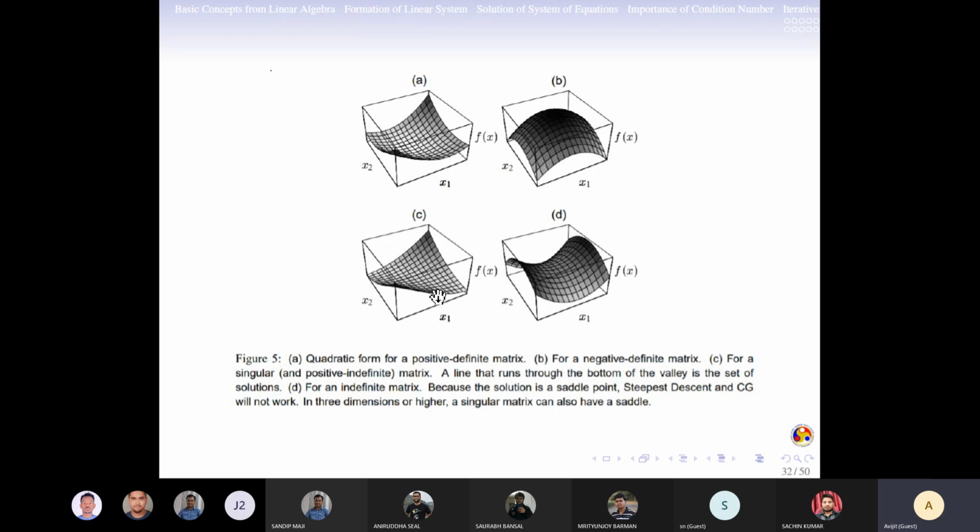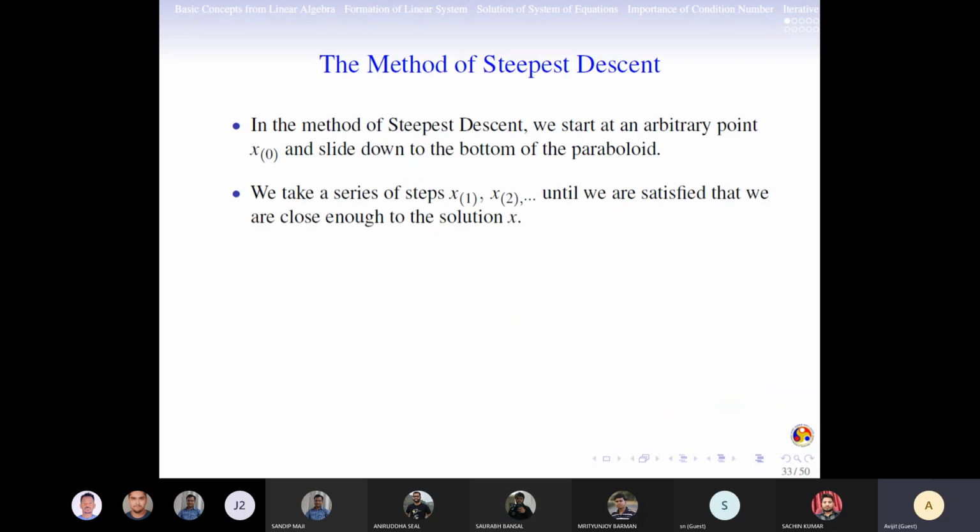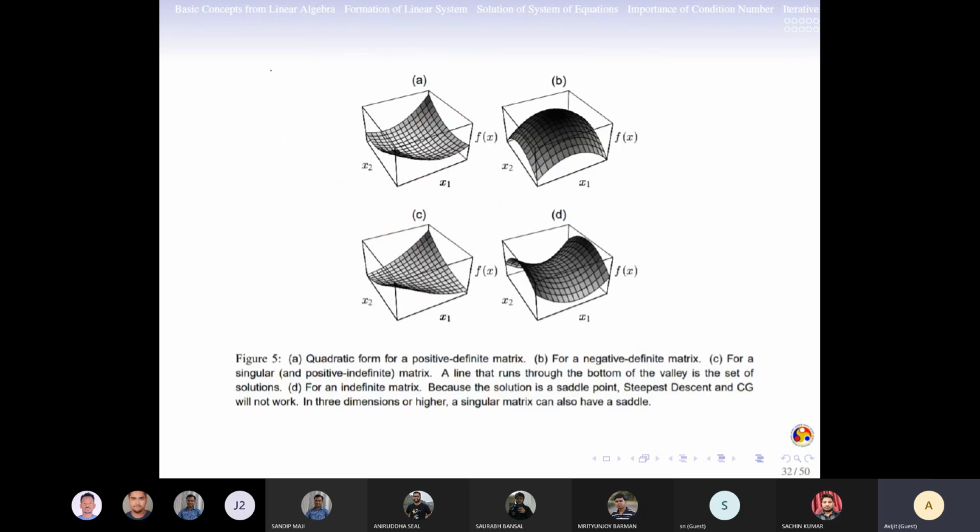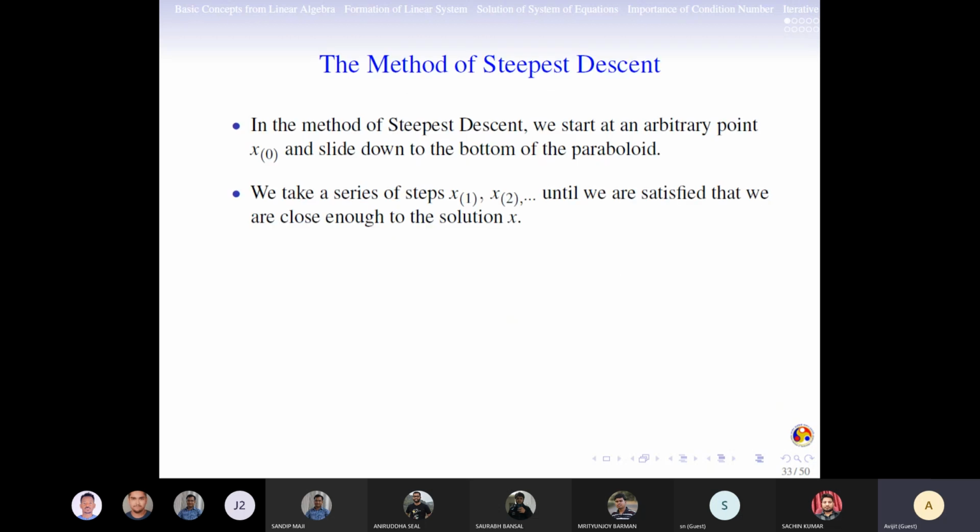Any point on this line will give you a solution, and in other cases that will be a saddle point. In that case, steepest descent or CG, that means conjugate gradient, will not work. So basically, we will consider that A is a symmetric, positive definite matrix. That will work for CG and steepest descent.